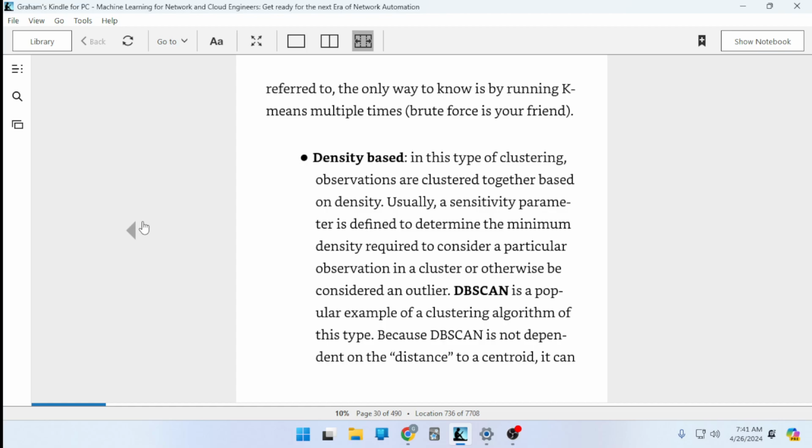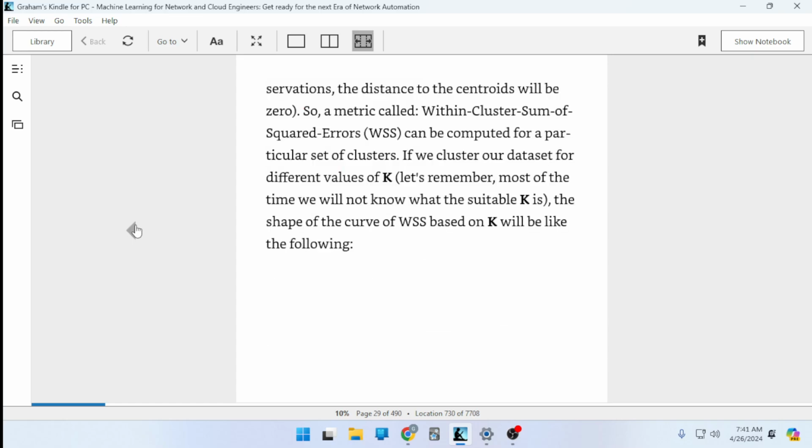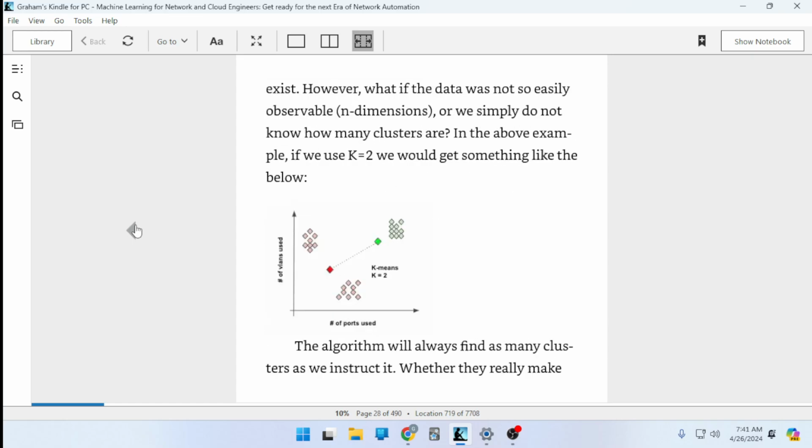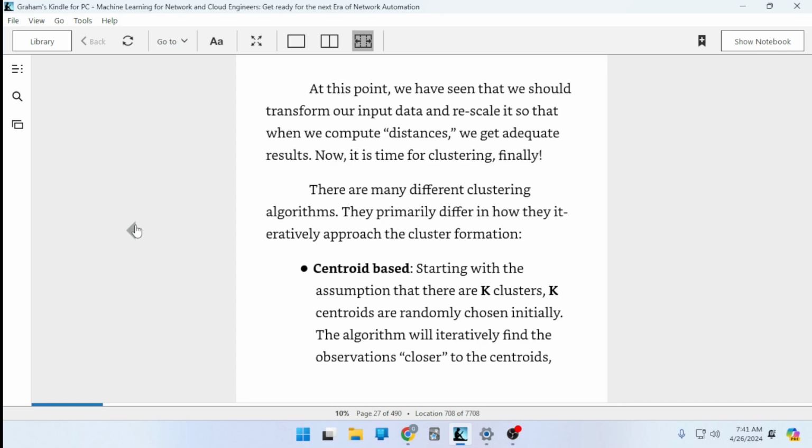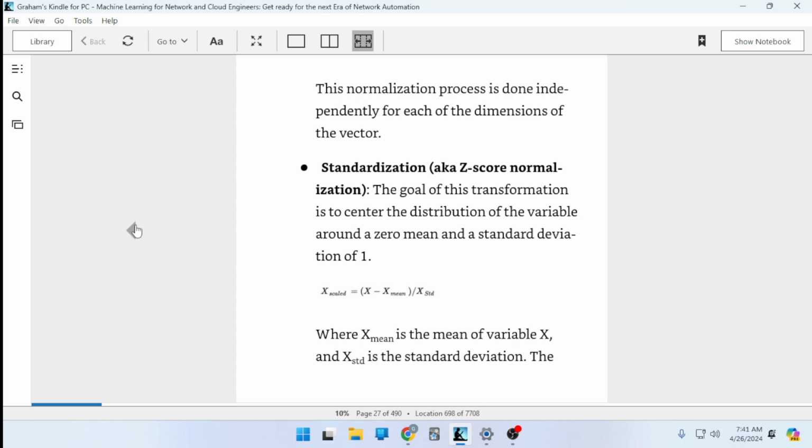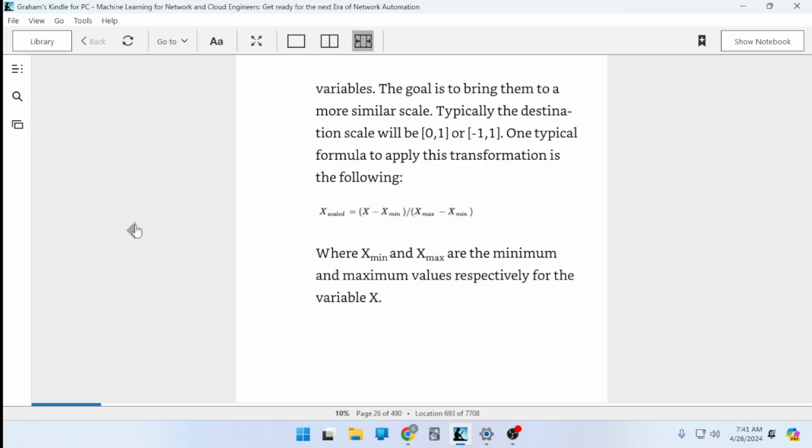We learned about specific algorithms within it. We learned about the k-means algorithm. We learned about the dbScan. Now the k-means algorithm, that's a centroid algorithm. So we also learned about centroid algorithms.